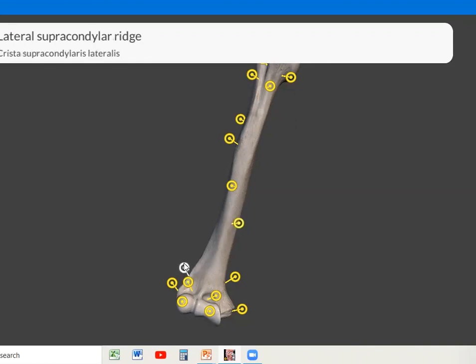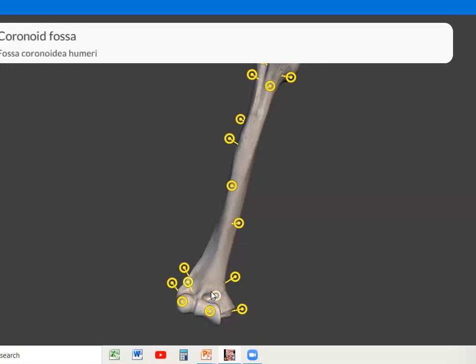Here, lateral supracondylar ridge. This is the medial supracondylar ridge. This is the lateral epicondyle. This one is the medial epicondyle. This one is the radial fossa. The head of the radius bone articulates with it when the elbow joint flexes, right?